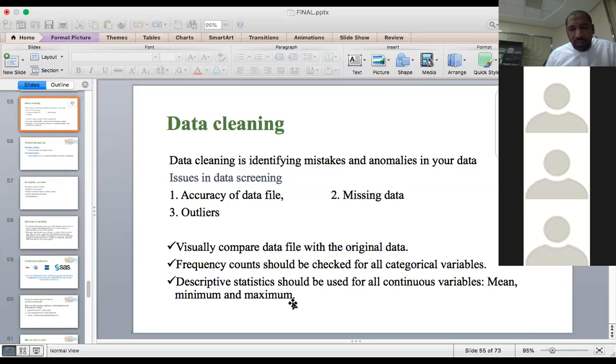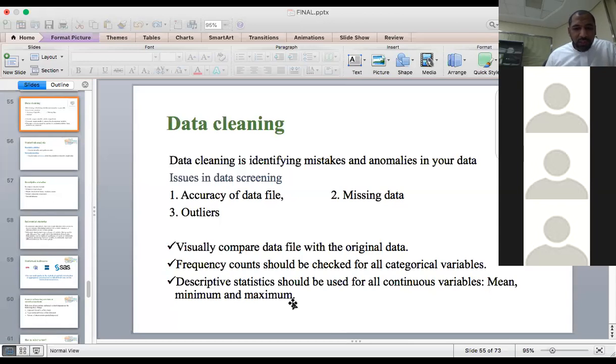I went back to Wa'ad and told her that there is a mistake. How come there is a 0 age? When we checked the data again, we realized that the data was entered by mistake: the age was 7 months, and instead of 7 months, it was entered as 0. So we corrected that data.